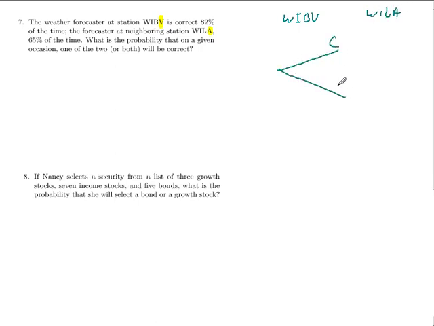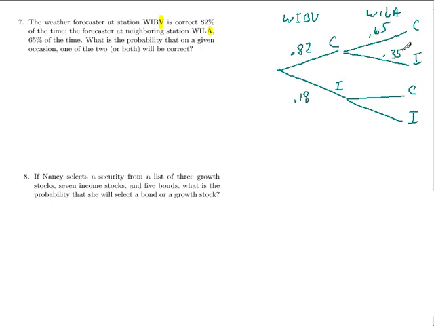The first guy is correct or incorrect, and the second guy has the same information. First guy is correct 82% of the time, and incorrect 18%. Second guy is correct 65% of the time, and incorrect 35%.